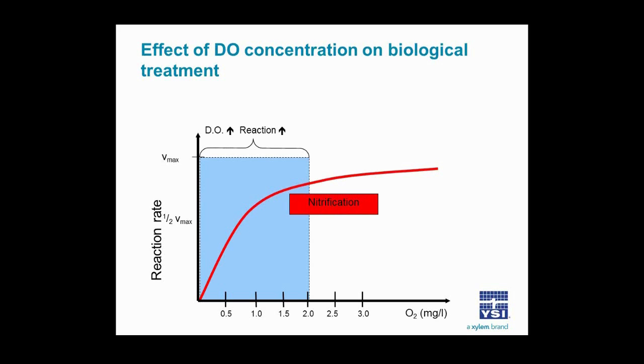And it shows that from 0 up to 1, 1.5, 2 milligrams per liter DO, an increase in the DO concentration results in a proportional increase in the reaction rate. Beyond 2 milligrams per liter, an increase in the DO concentration does not result in an appreciable increase in the reaction rate.